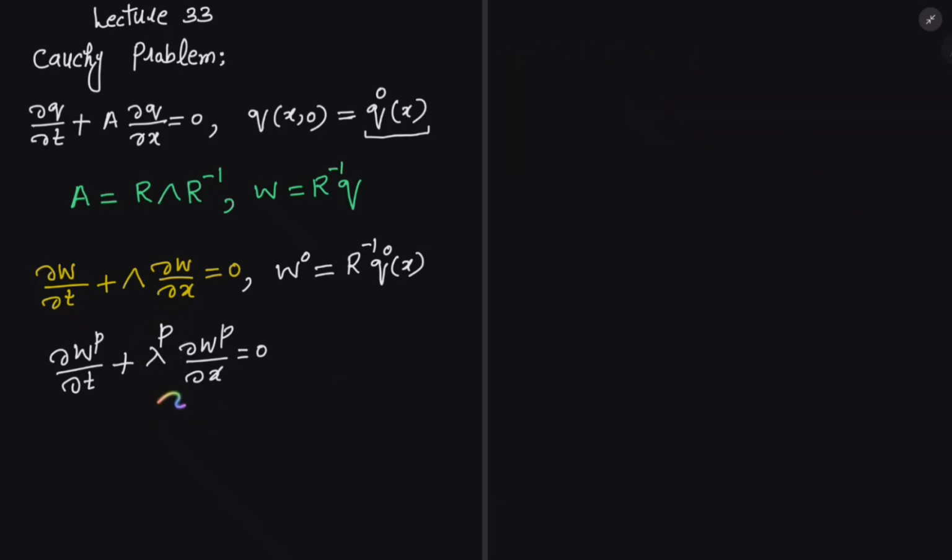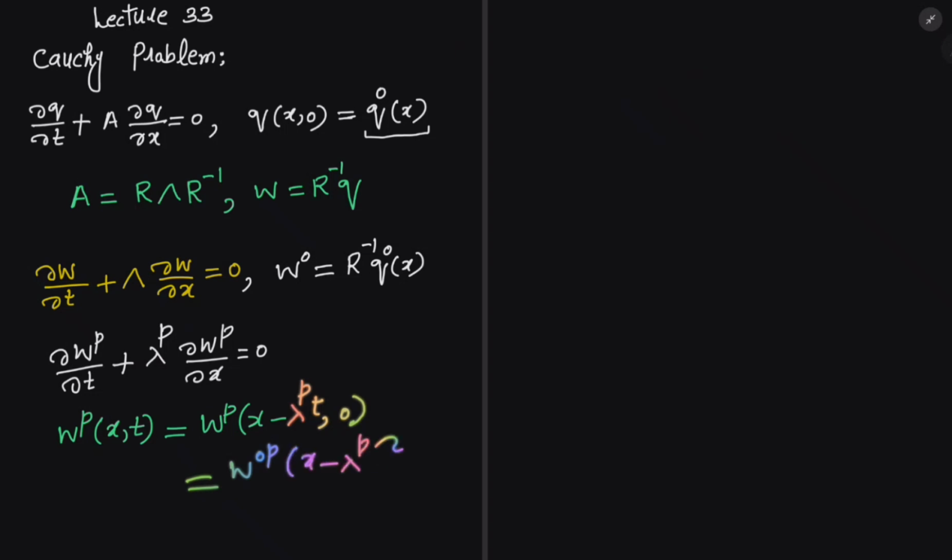So the solution will be Wp(x,t) is equal to Wp of x minus, since we have this as u bar, that will be equal to lambda p t initially, and this means that W0p(x minus lambda p t).